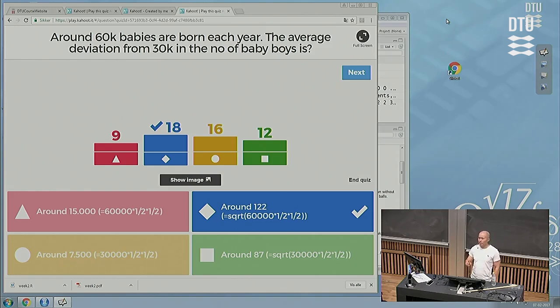That's pretty neat, right? So the average deviation from 30,000 boys or girls, would be the same, of course, from year to year is only 122. That's year to year variability is only 122. It's pretty amazing, right? Very stable distribution of males and females from year to year in that setting.